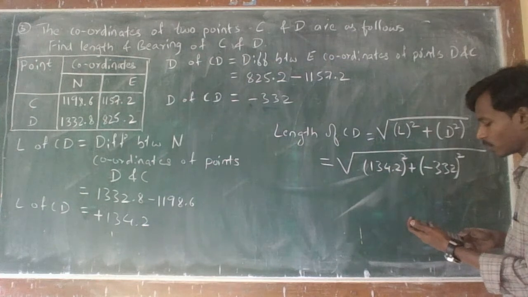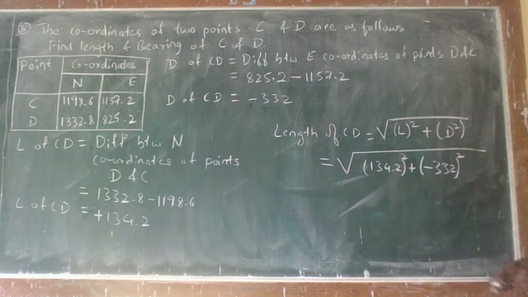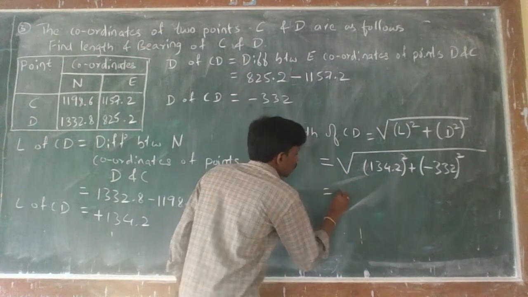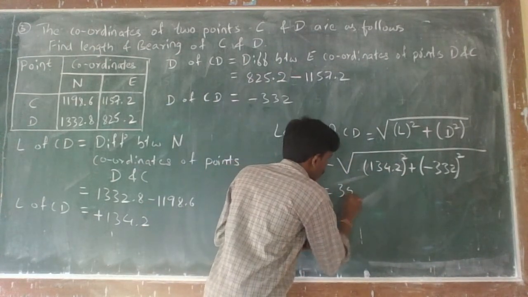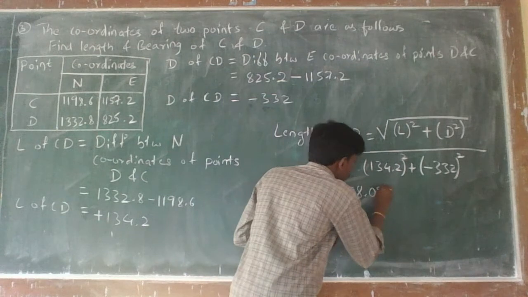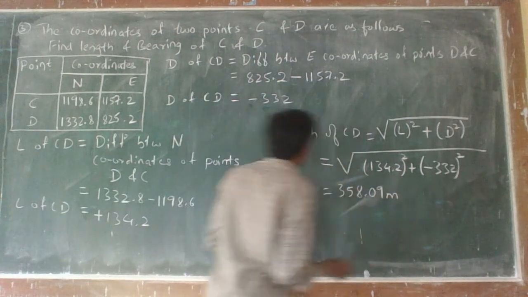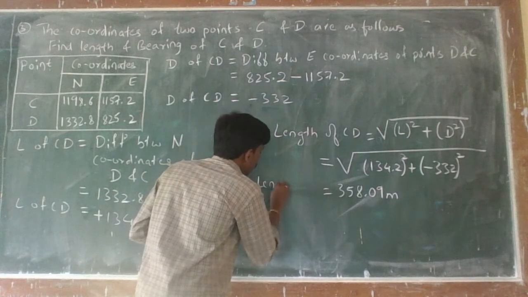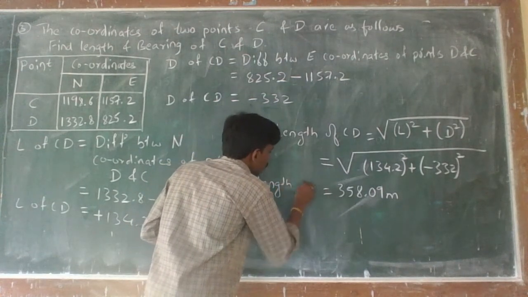Now bracket close. So you get the value 358.09 meter. Now this is the length. So this will be the length of CD.